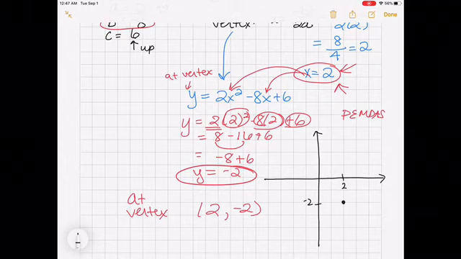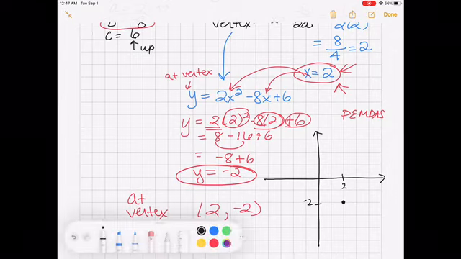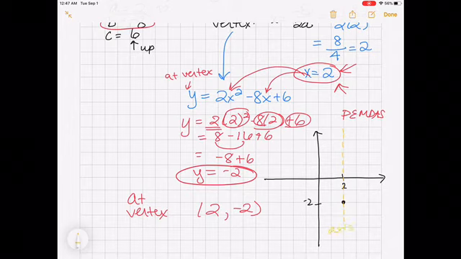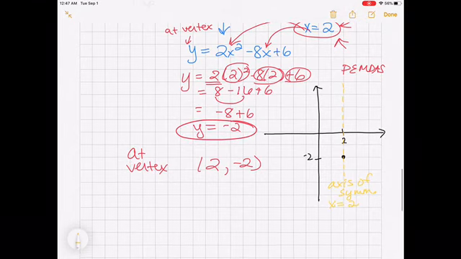We already know that it's going to be symmetrical about that point. We also know, if we know where the vertex is, we know where the axis of symmetry is. This axis of symmetry is x equals 2. A little hint for you, the vertex is that point here.